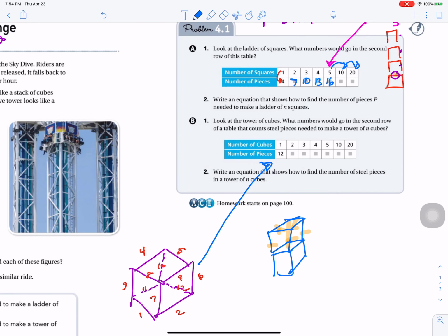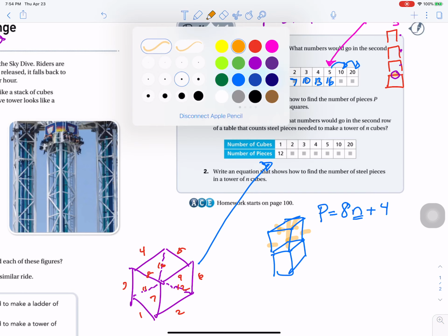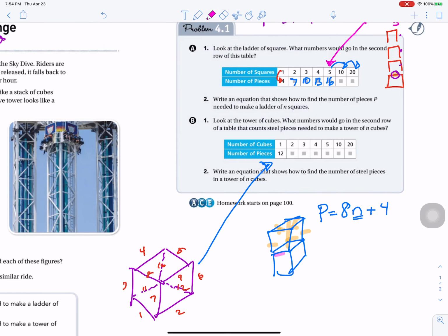So, a couple ways of thinking about this one. We could say that the pieces of steel equals 8 times the amount of cubes plus 4. Because we've got these 1, 2, 3, 4 that are shared.